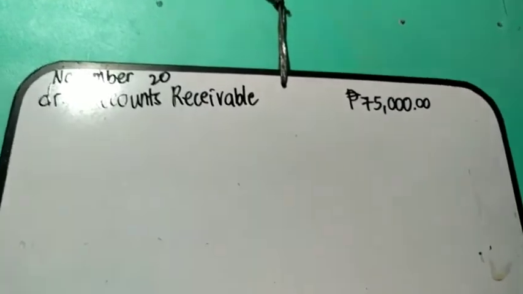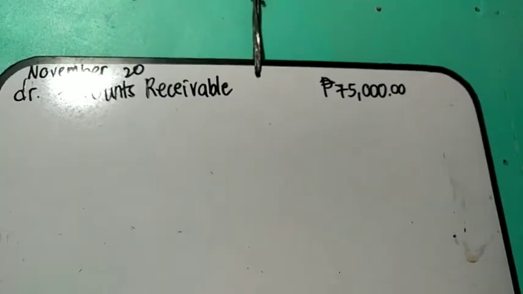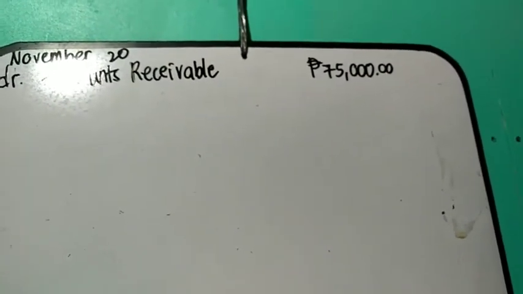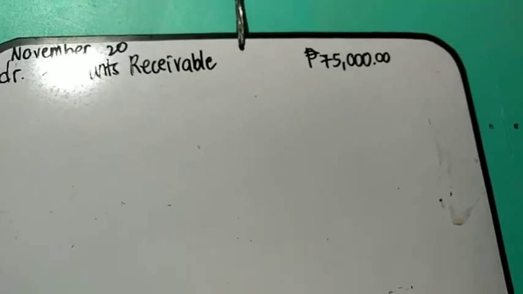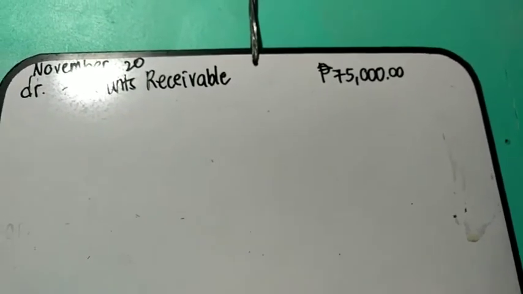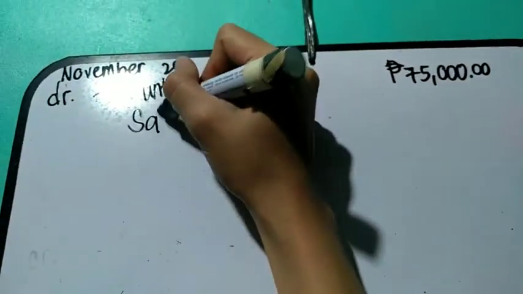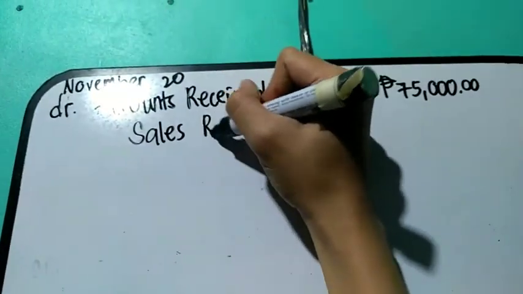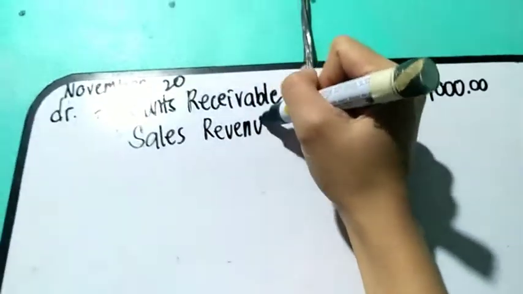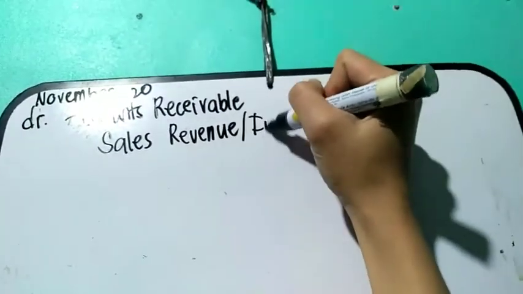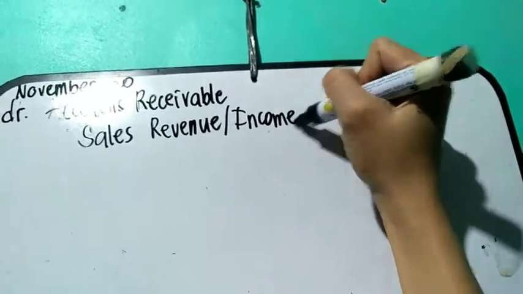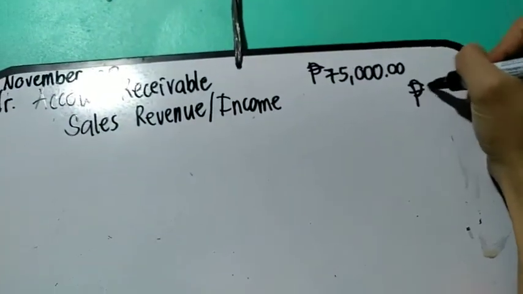And what is your value parted with? Of course, since you have sold 3 computer sets, that's going to be part of your sales income or sales revenue, which is 75,000 pesos.